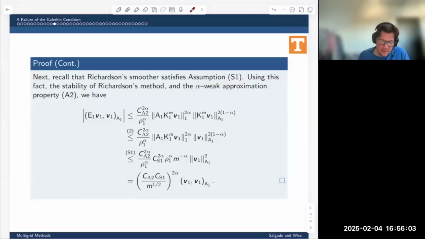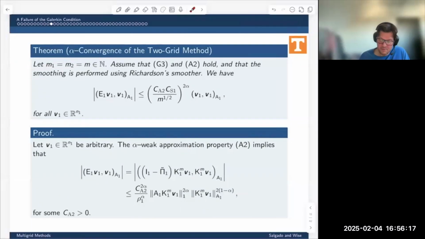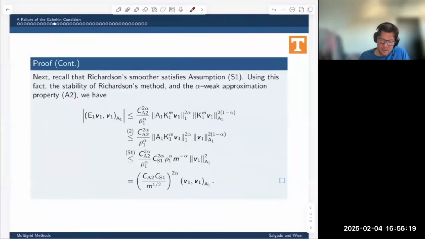Using this fact, and then the stability of Richardson's method and the alpha weak approximation property again, which we used previously. So alpha weak approximation gave me that. That was just from the previous page. Now what am I doing here? I'm just using the stability of this guy in the A1 norm.